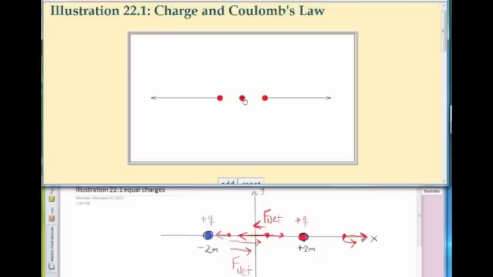But would it stay oscillating for a long time? The answer is no, because any little deviation from the horizontal line causes this. You see, the net force on the particle in the middle is now up. When you move higher above the x-axis, the net force acting on that particle goes up, right?